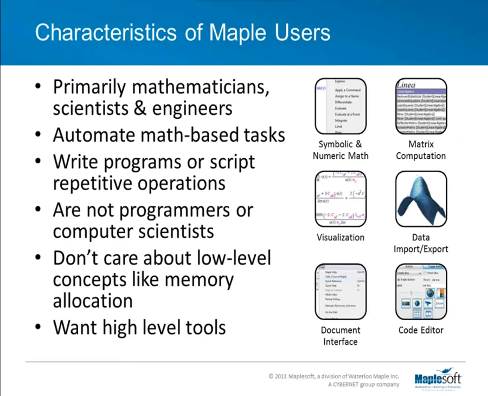They may write a few simple programs or they may script some batch operations, but they essentially don't see themselves as programmers or computer scientists. They simply want high-level productivity software to help them solve technical problems more quickly. They don't care about low-level computer science concepts like thread safety, memory management or task allocation.